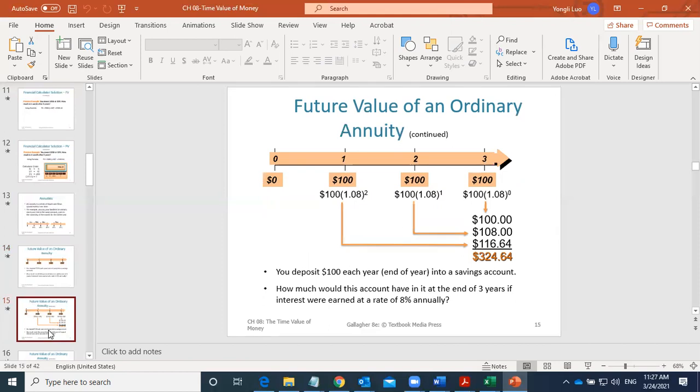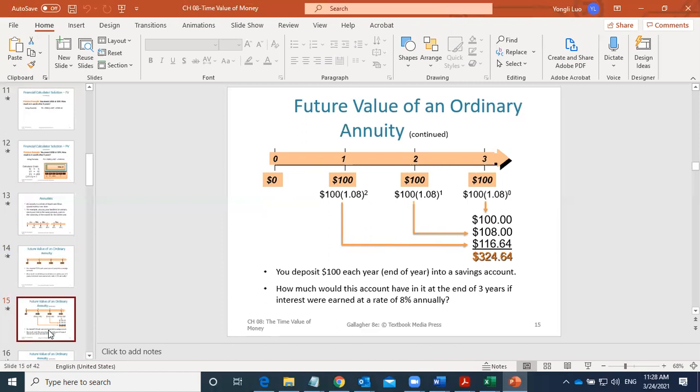Okay, so the second payment generates interest for 1 year. The first payment generates interest for 2 years. You sum them up. Is that good?